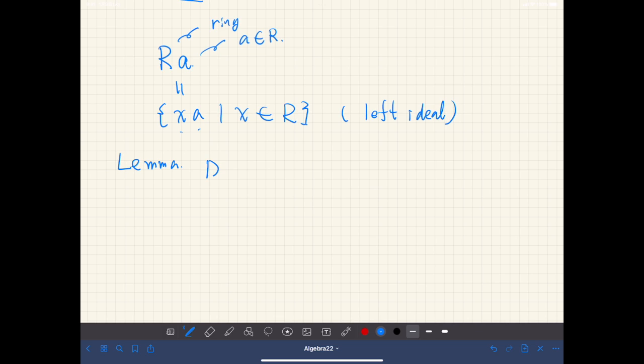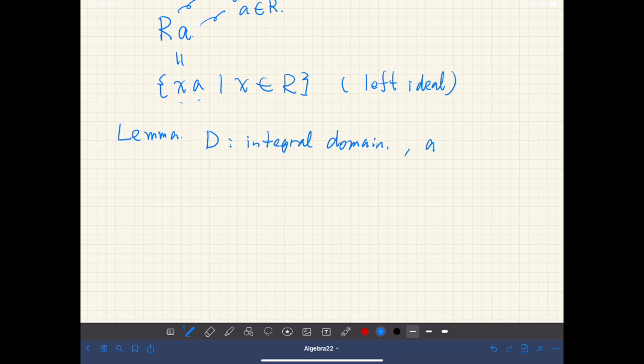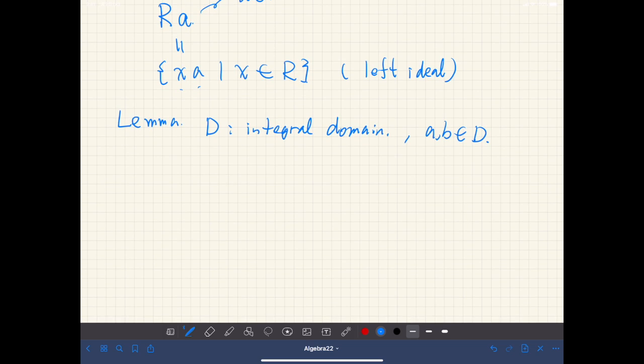Again, D is an integral domain, and let A and B be elements of D. Then B divides A if and only if dA is a subset of dB.